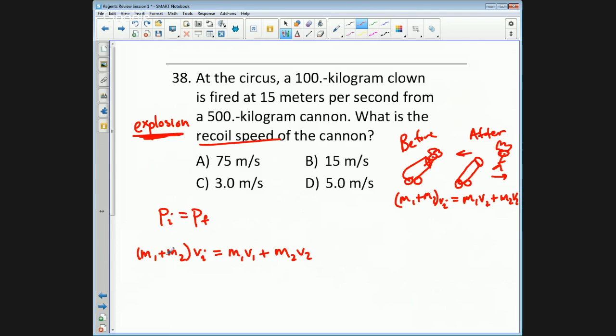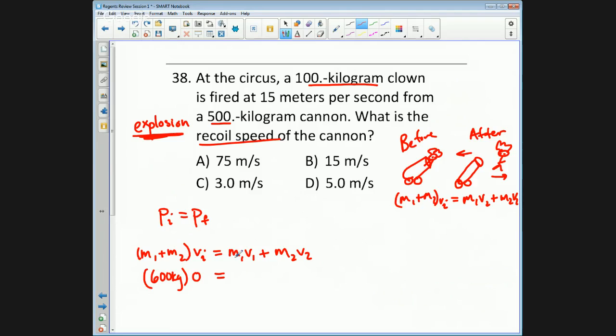So let's figure out what their masses are. m1 plus m2, that's 100 kilograms plus 500 kilograms, so that's 600 kilograms. And the initial speed is going to be 0. The cannon is not moving. Both the clown and the cannon are at rest initially.